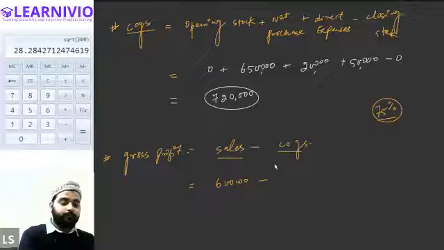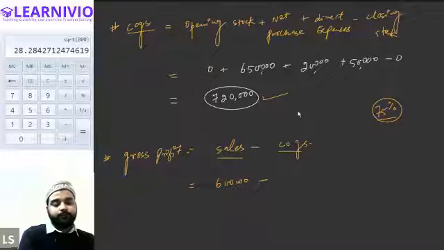Yes or no? Yes, sir. But are we going to reduce all the value of the cost of goods sold? No. Or will we take only 75% of the cost of goods sold? Only 75%, because only 75% of the goods has been sold.